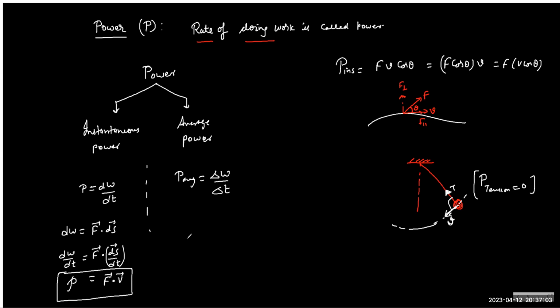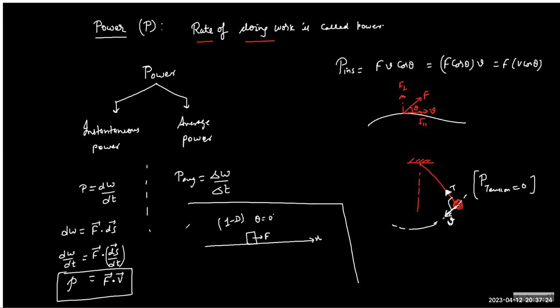So in case of one dimension, if a block is applied by a force F and is moving along this line, which is the x-axis, the theta will be 0, right? In such a case, the power will be either plus FV or minus FV, depending on how it is moving.